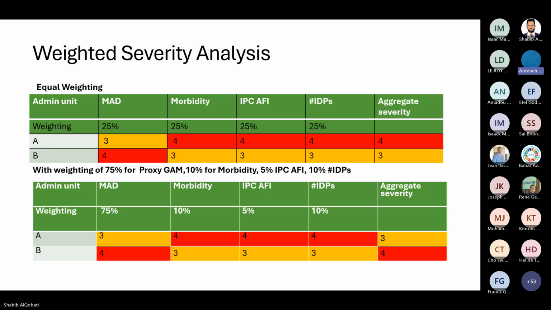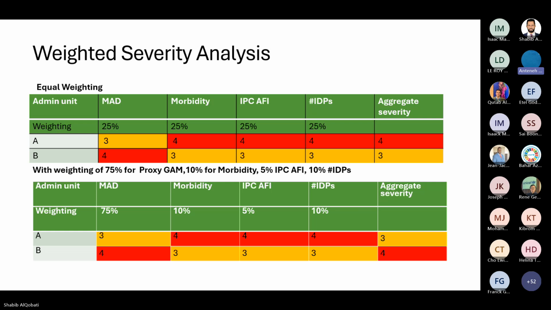If we give equal weighting for all of these indicators, the severity becomes 3. I don't think any one of us would say this is a good assessment of the severity of the nutrition need, because to some extent the severity level of malnutrition is influenced by other nutrition-related indicators, but the severity eventually became less than the nutrition-specific indicator severity, in this case minimum acceptable diet. So I don't think this is a favored approach.